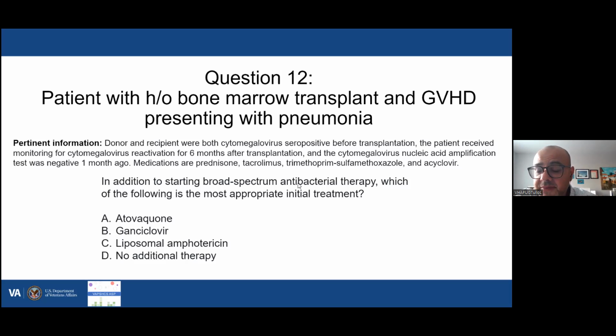So this patient had their transplant, I think 7 months ago or something like that. So normally, they would be outside of that 3 to 6 month window where CMV infection is the highest.